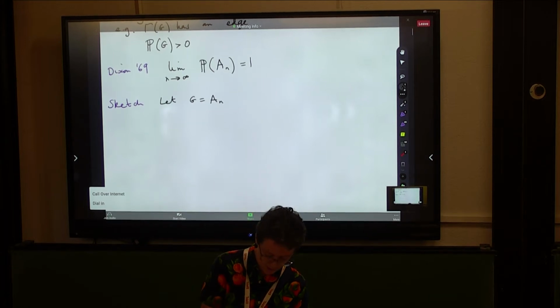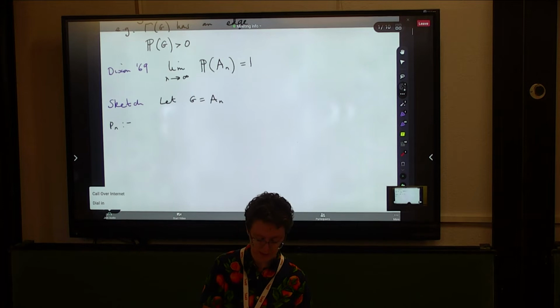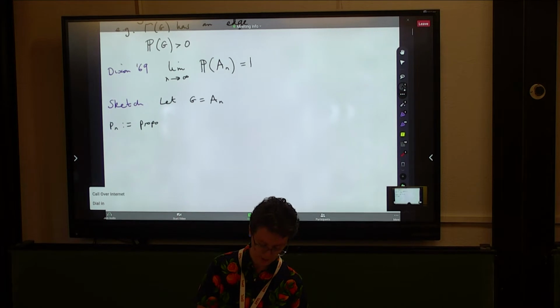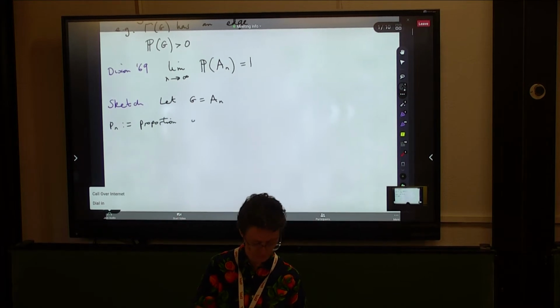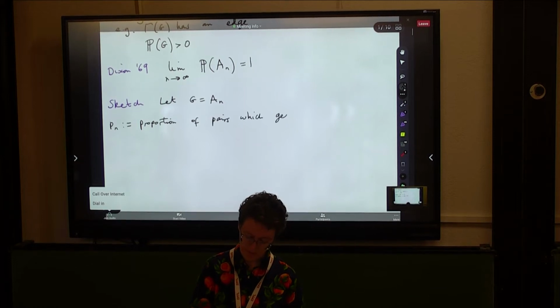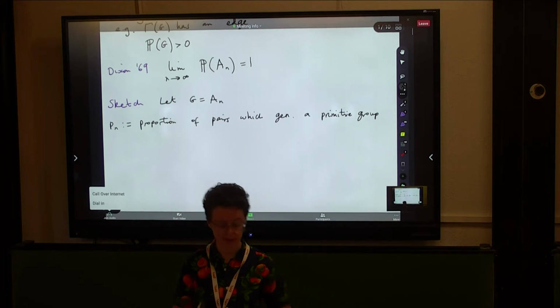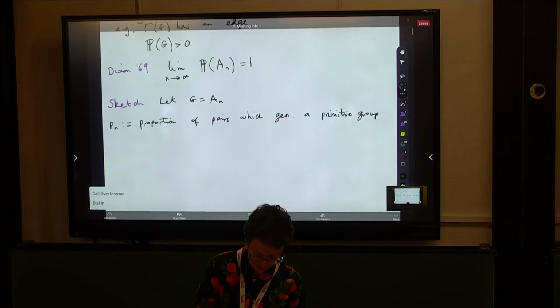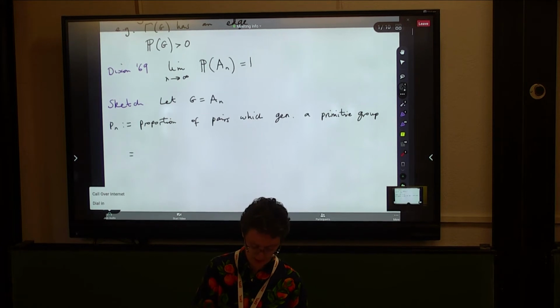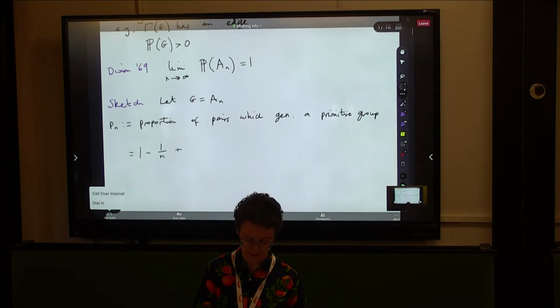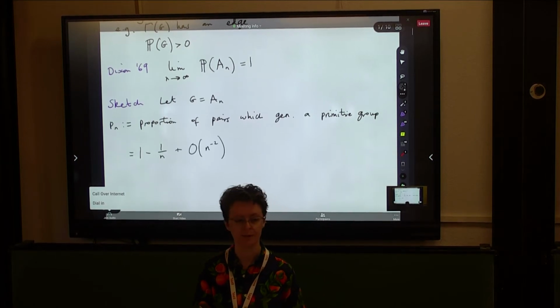And if we define P_n to be the proportion of pairs which generate a primitive group in the natural action on n points, then, okay, Dixon shows that this is roughly 1 minus 1 over n, and then we have lower order terms.